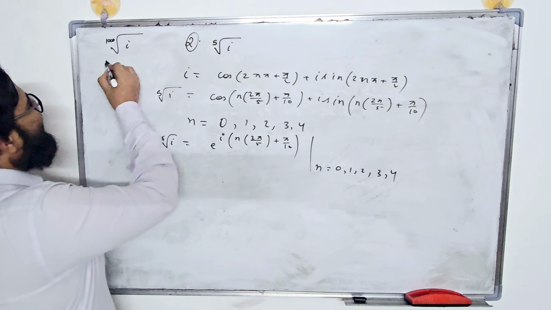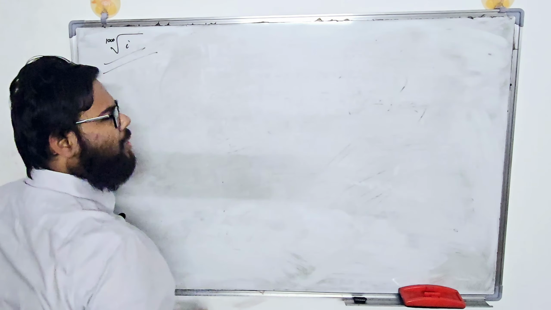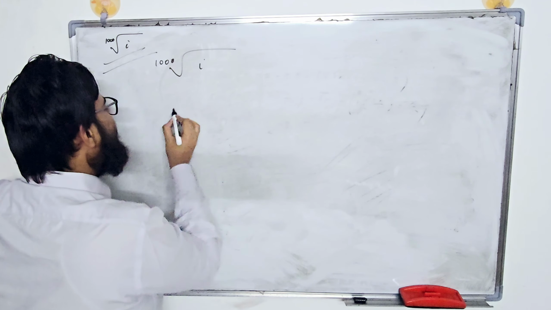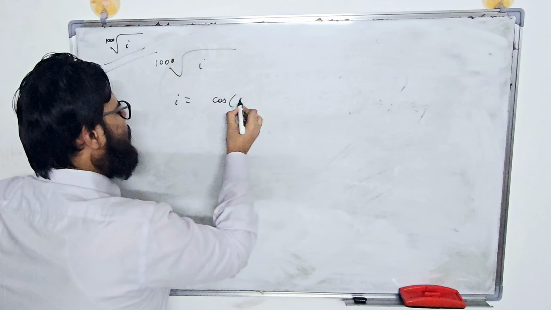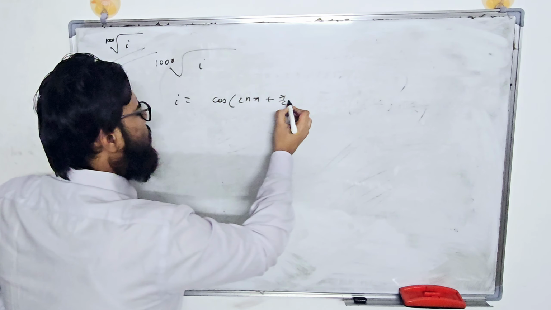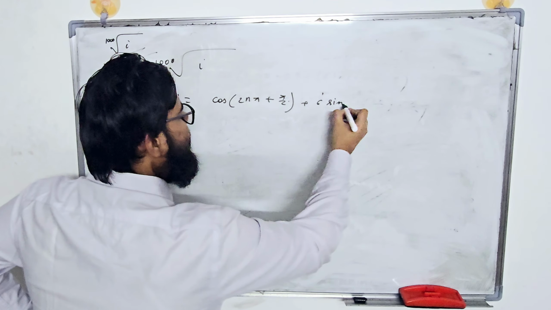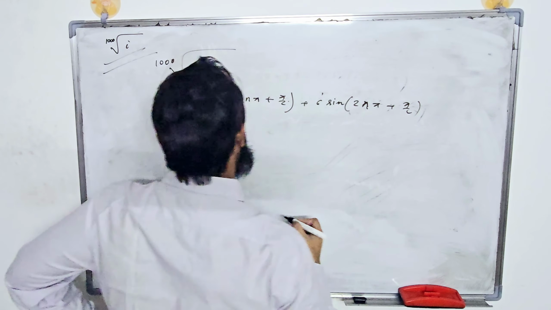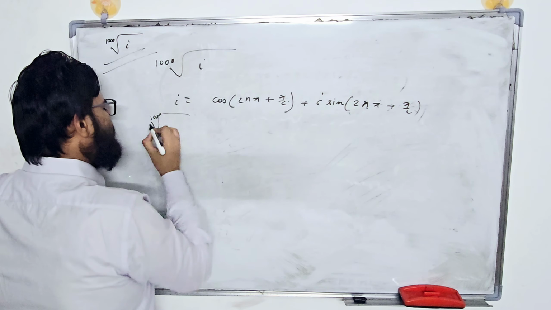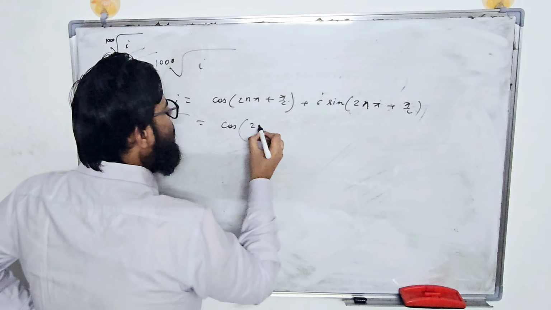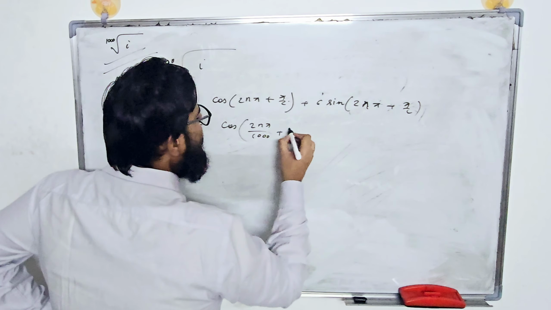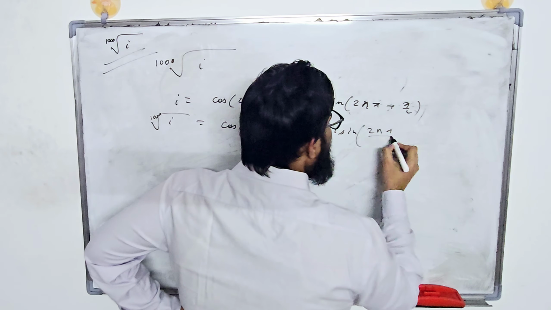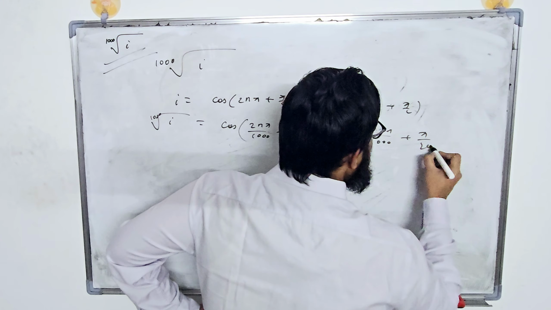Now let's come to this question and find the 1000th root. Again, iota can be written as cos of (2n pi plus pi by 2) plus iota sin of (2n pi plus pi by 2), and you take the 1000th root. You get cos of (2n pi by 1000 plus pi by 2000) plus I sin of (2n pi by 1000 plus pi by 2000).